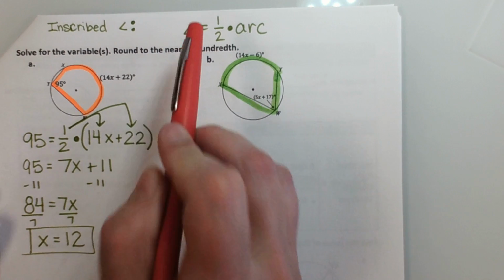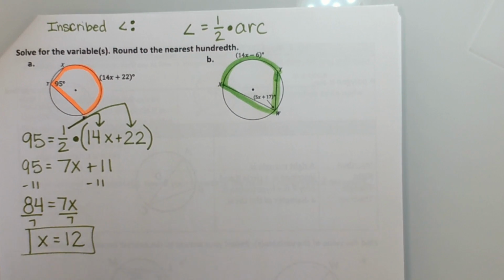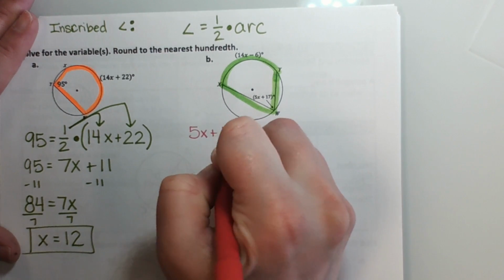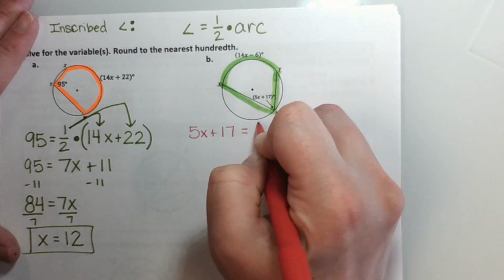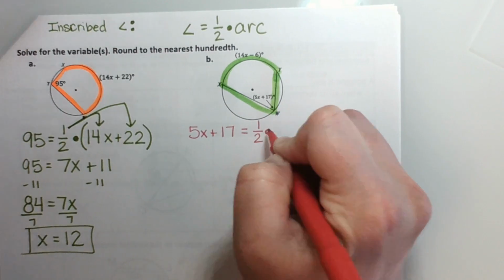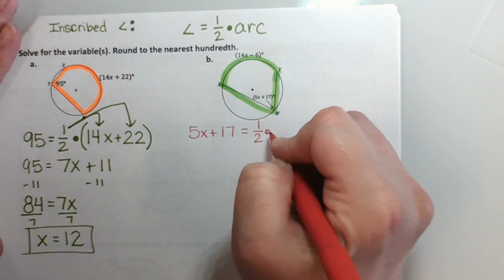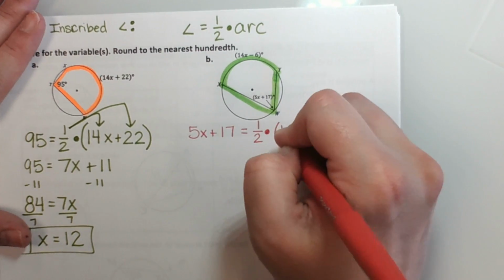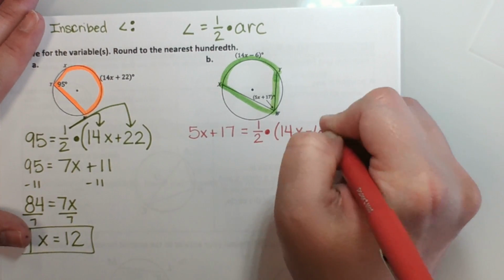I start with the angle. Brody, what is the angle? You got it. Equals 1/2 times. Lily, what is the arc? Beautiful.